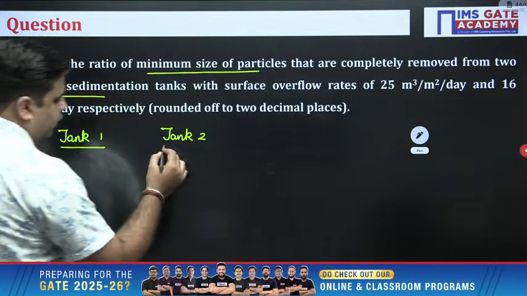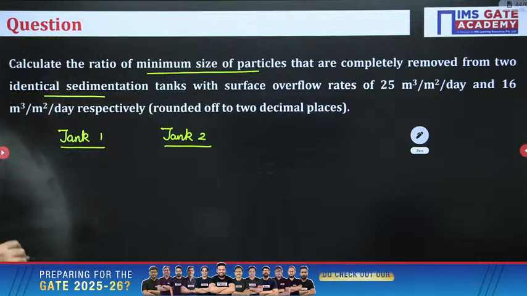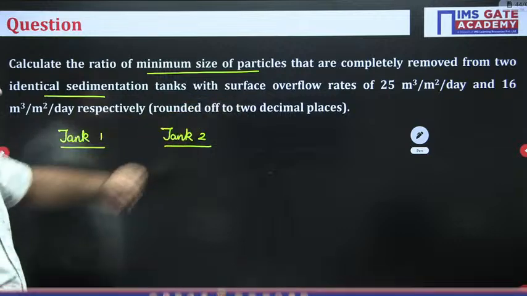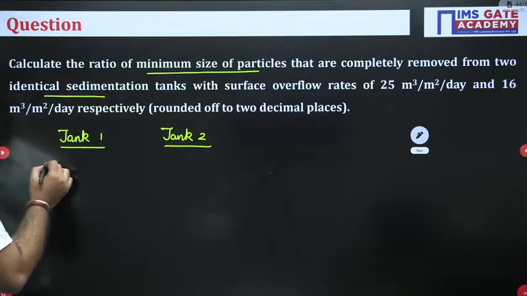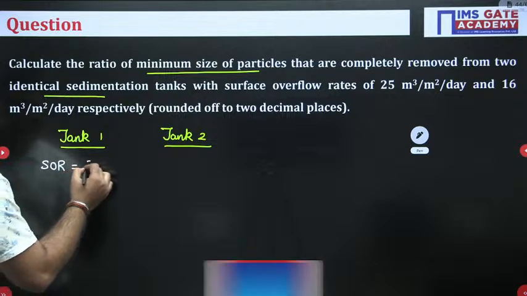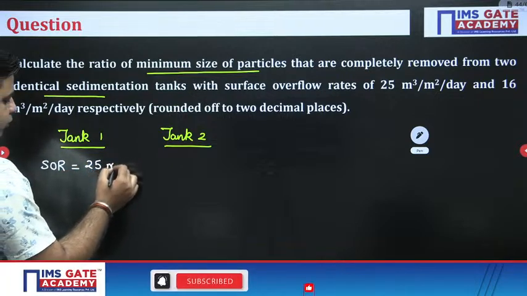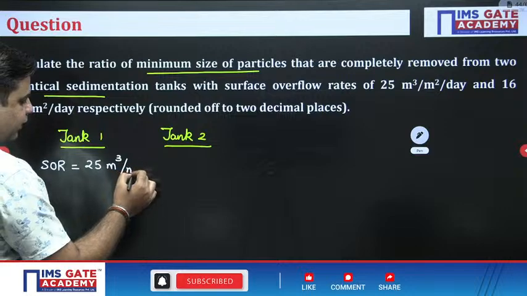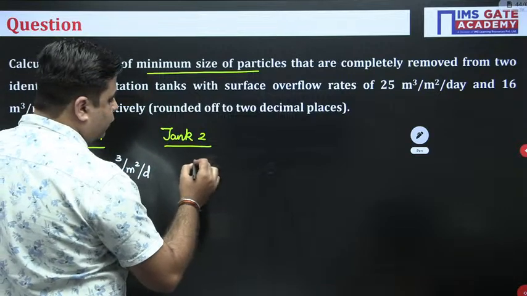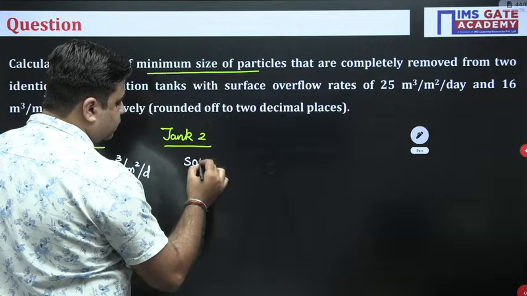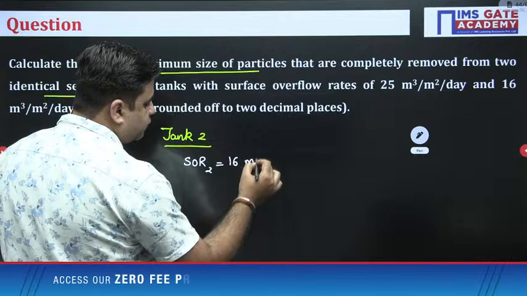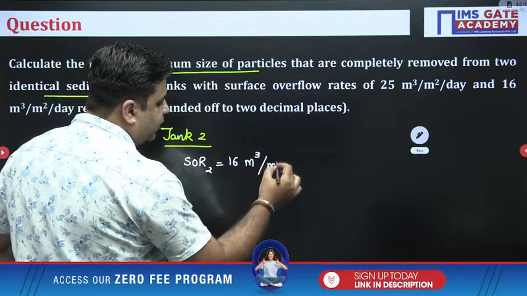Both are identical tanks. For the first tank, the surface overflow rate is 25 meter cube per meter square per day, and for tank 2, it is 16 meter cube per meter square per day.